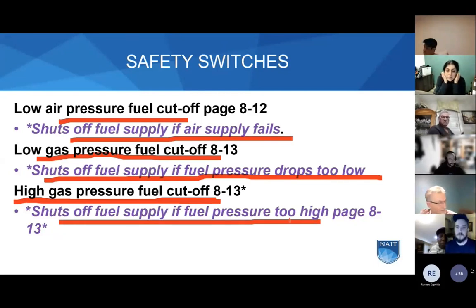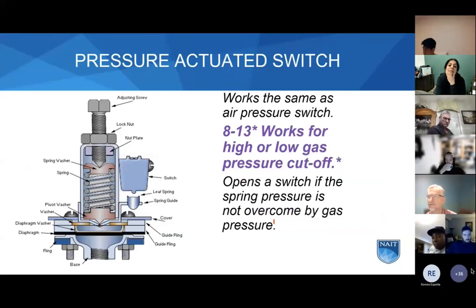Burners are designed for a specific gas pressure. They will work effectively and efficiently and keep burning. If pressure is too low, they won't work well, risking a flame out. If pressure is too high, we could blow the flame out and cause problems for ourselves.